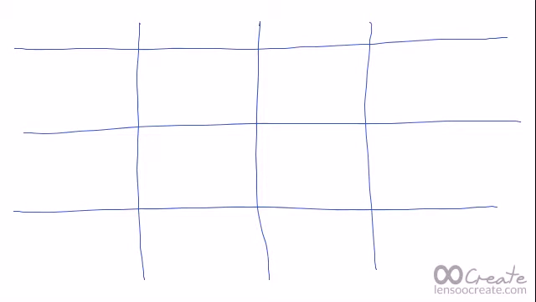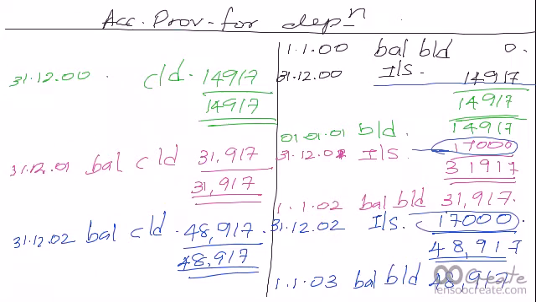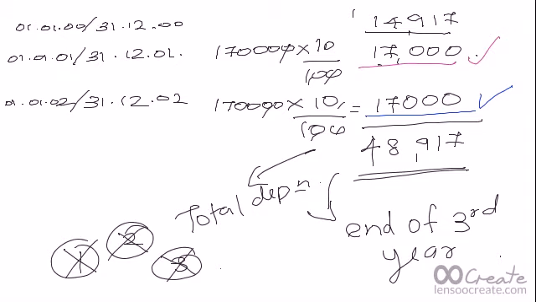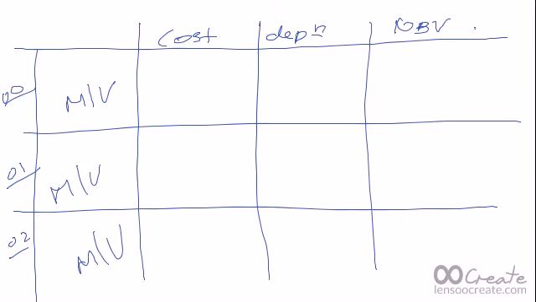Now let's see how it reflects in the statement of financial position. This also I'm classifying into 3 different years. For the first year, the total amount of non-current assets was 170,000. Next year also it's the same, they didn't buy or sell anything, and the next year it will be 170,000.